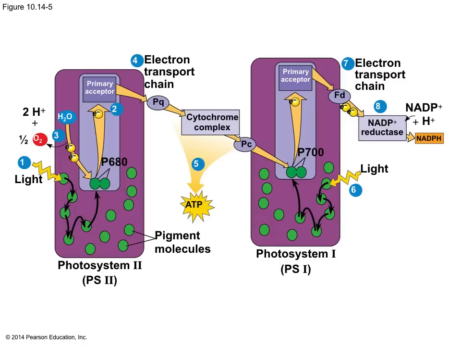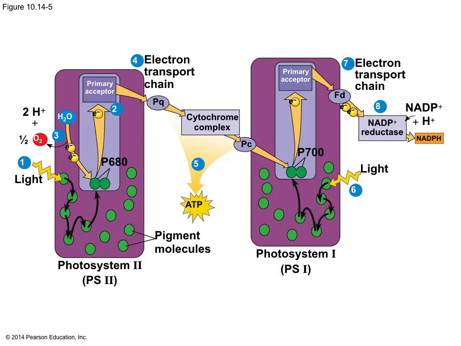This diagram here is showing the exact same thing that we just went through, just with slightly different pictures. The reaction centers of the photosystems can also be called P680 and P700 because of the primary wavelength that they absorb, if you remember, from 450 all the way up to 700.